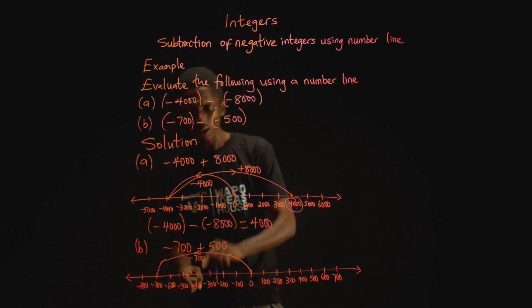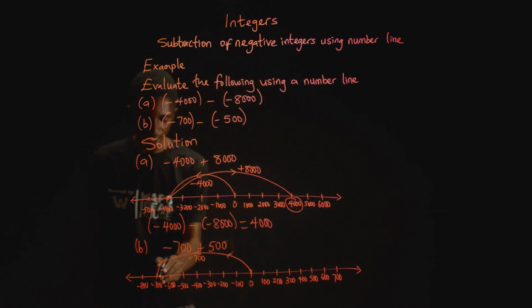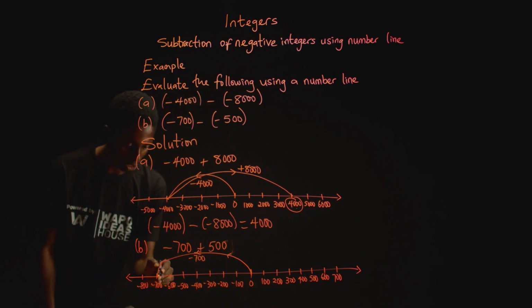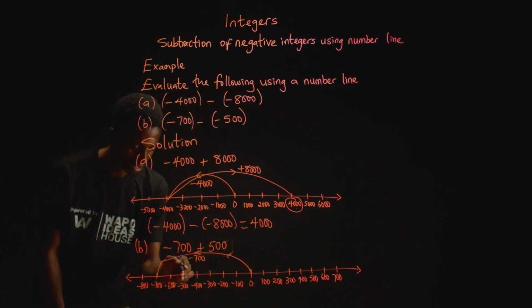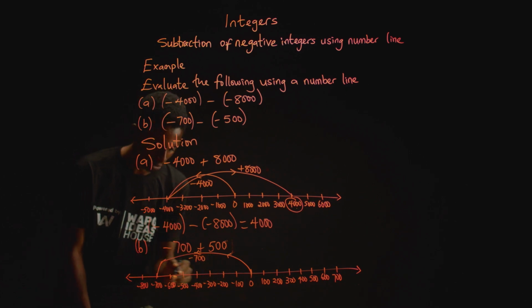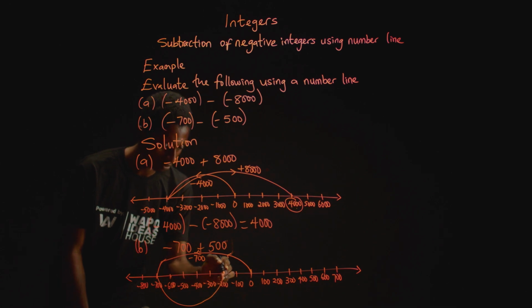Now to do the plus 500, we are going to move 5 steps to the right of where we have stopped. That is, from this point, we count 5 steps to the right. Let's go. 1, 2, 3, 4, 5. You can always draw like this as well.